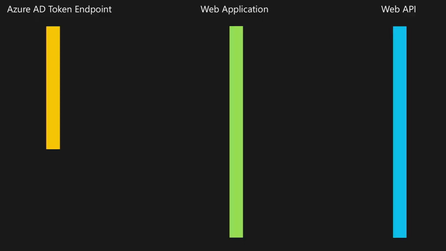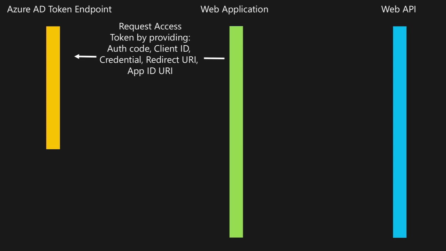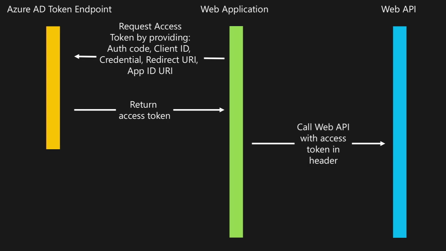No. Because now the web application can request a token from the Azure AD endpoint and return that access token. You can use that access token in the header to call the API and then return the resource.